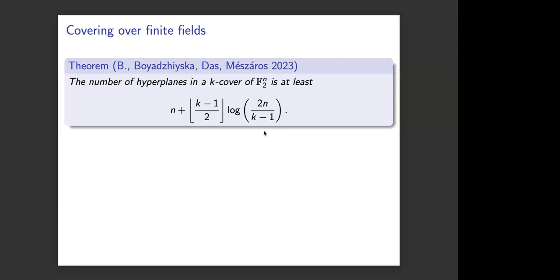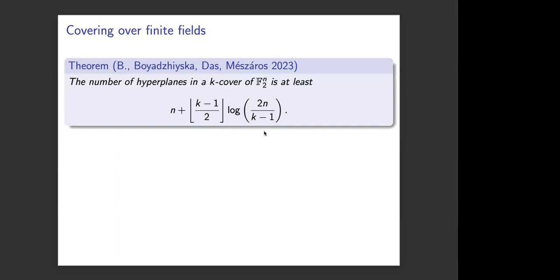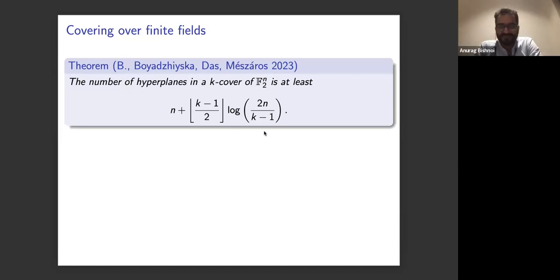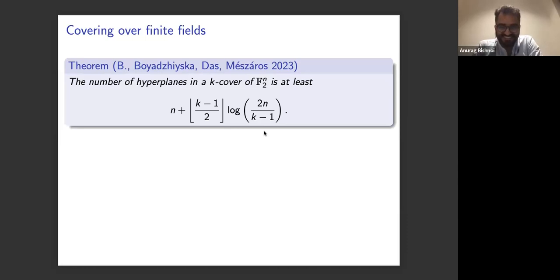For example, sum of xi equal to 1 is okay, but some other hyperplanes will cover it. Sum of xi equals 2, exactly. Nice. That's a good question.